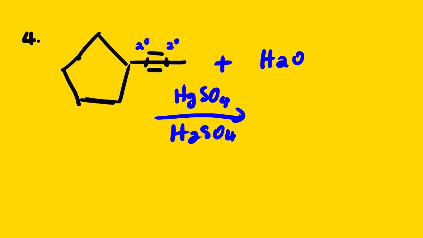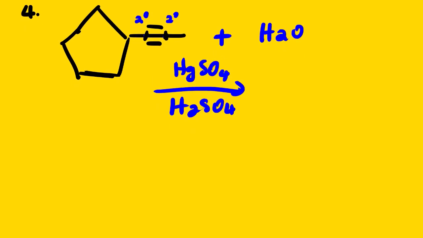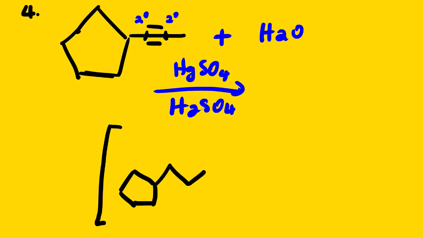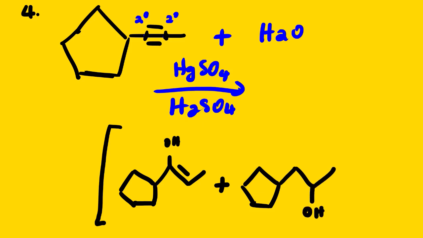Looking at the enol, our first OH will be here with the double bond, plus, remember that hydrogen is there, but since we're using a skeletal structure, we don't have to draw it. Then OH will be here. These are enols.